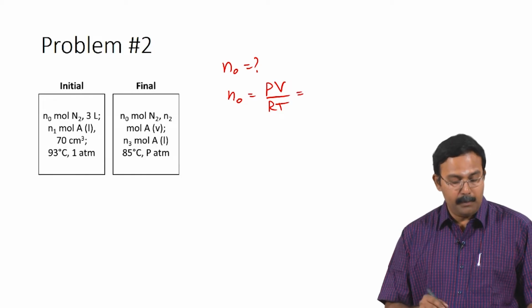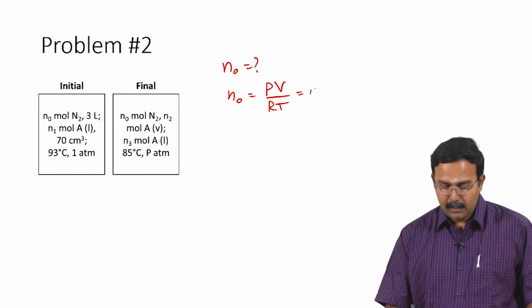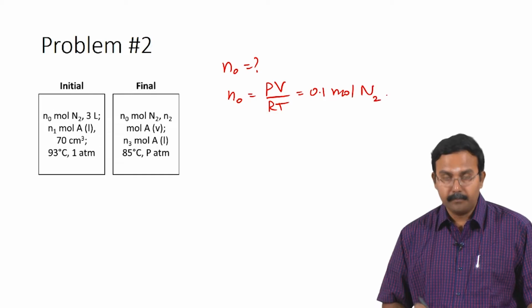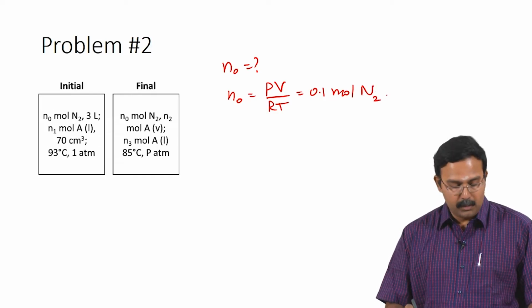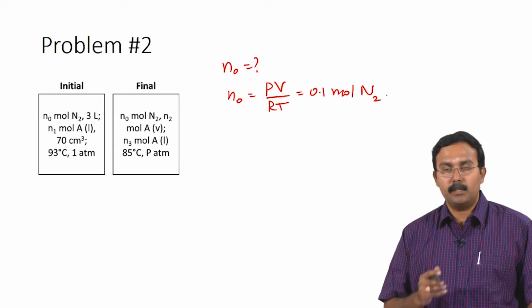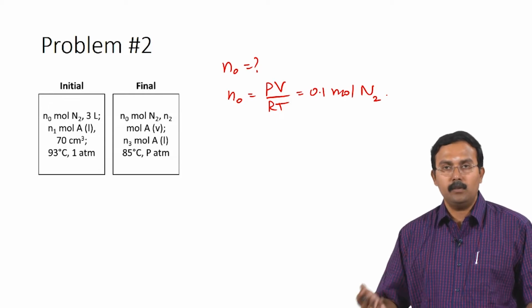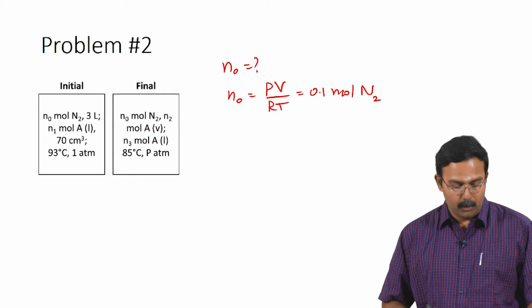Applying all this, you will be able to calculate N0 as 0.1 moles of nitrogen. This would be the number of moles of nitrogen present in the initial condition and also in the final condition. So, both are N0 moles.